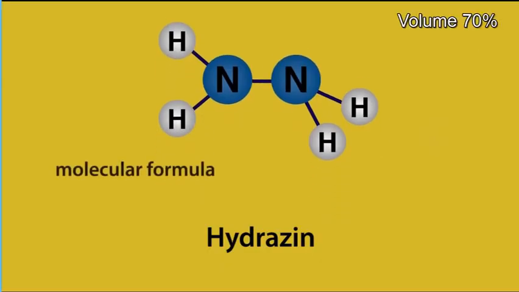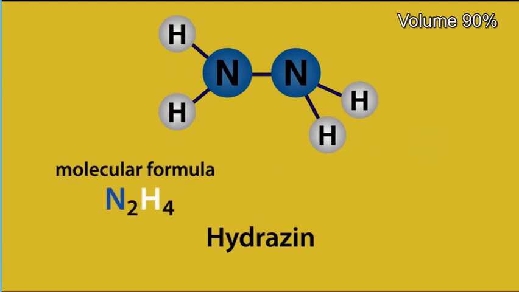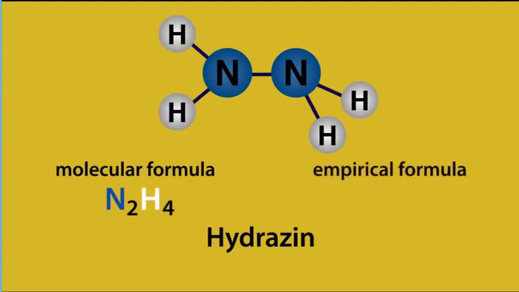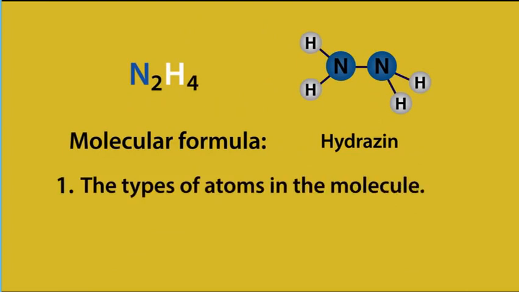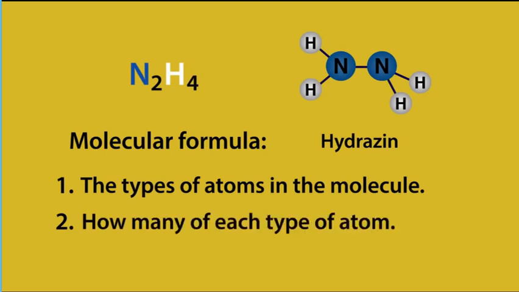Hydrazine. Its molecular formula is N2H4, but its empirical formula is NH2. The molecular formula of a compound tells us two things: one, the types of atoms in the molecule, in this case nitrogen and hydrogen, and two, how many of each atom.